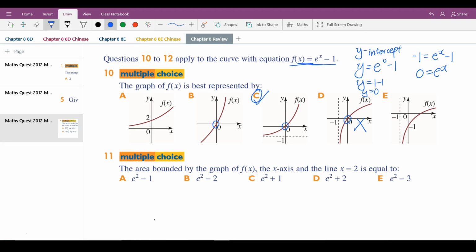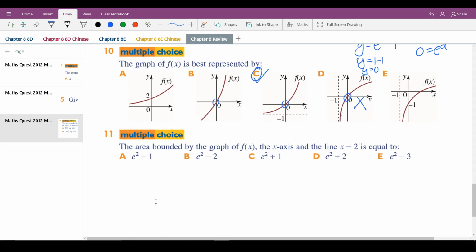It's never going to be negative in value. You can e to the power of negative, but you can't ln of negative. So all these ones wouldn't work. Then look at the x-intercepts or y-intercepts, and you should be able to deduce which particular graph it is.